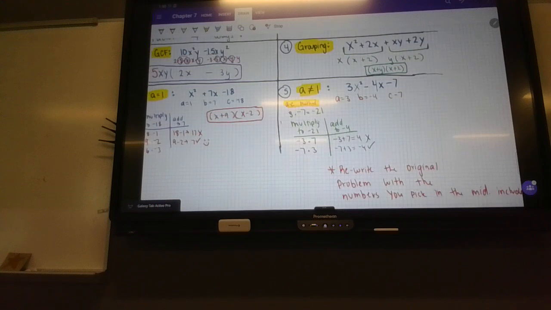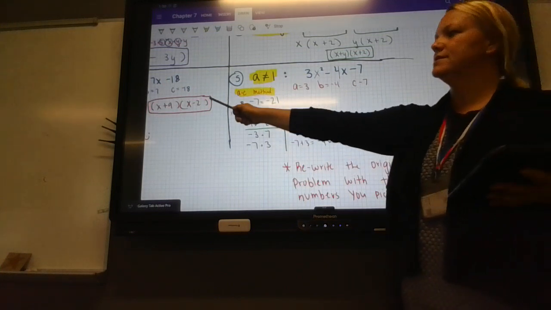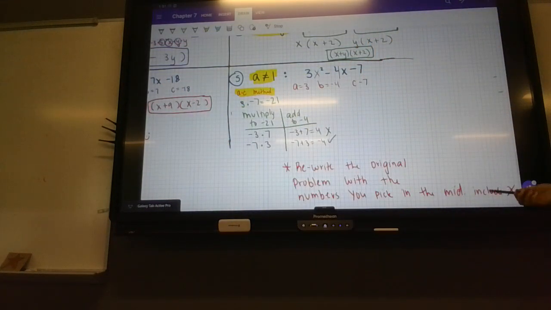So now I have to rewrite the middle with these numbers that I pick. I don't get to do this because there's a big number in front, a 3 in front. I have to rewrite the middle. So I keep 3x squared. Then I write -7x plus 3x minus 7. I want to switch the 3 and the 7. It doesn't matter, but it's easier, I think, if we switch these.